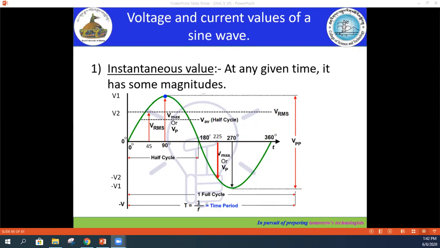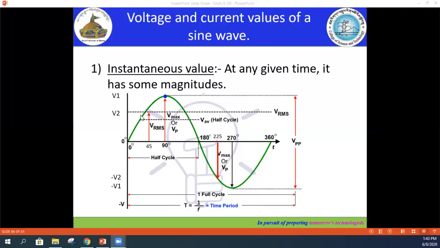Now, if you consider the waveform given here, the sine wave, at any given time, if you try to find the value of that waveform, you will have some values. For example, at 0 degree, your value is 0, at somewhere around 45 degree, you have the voltage V2, and then somewhere at 90 degree, we have voltage V1.